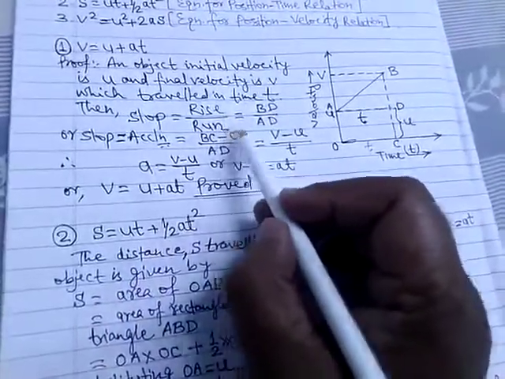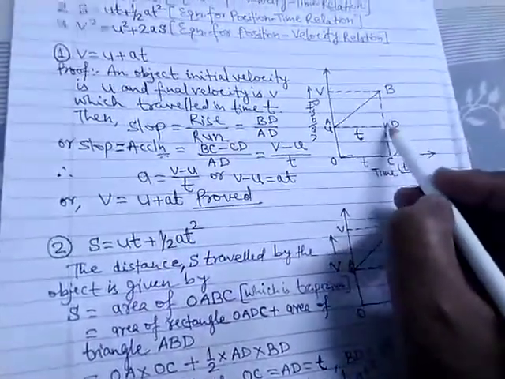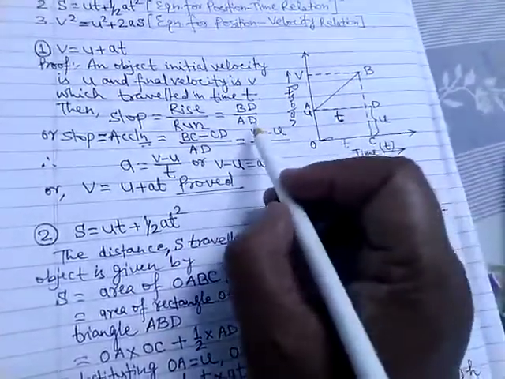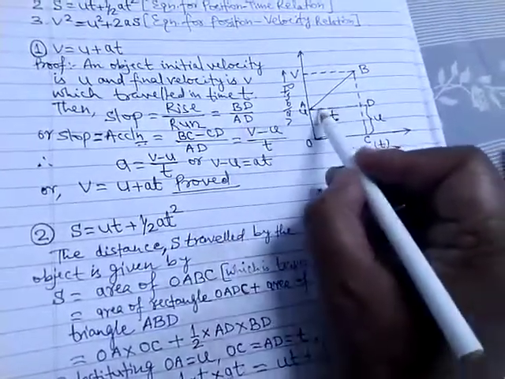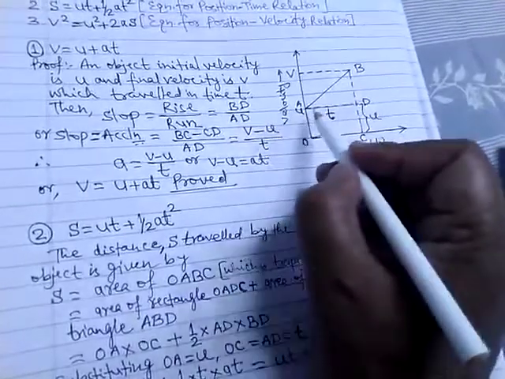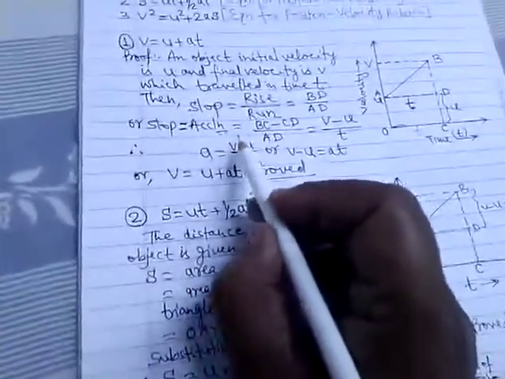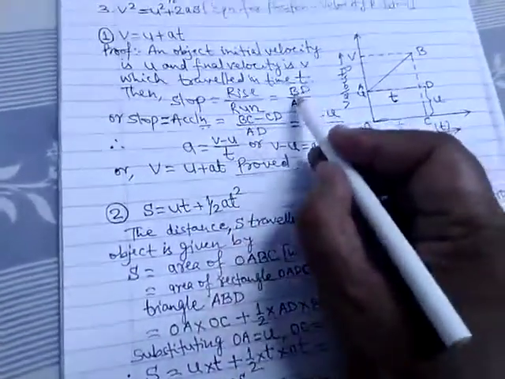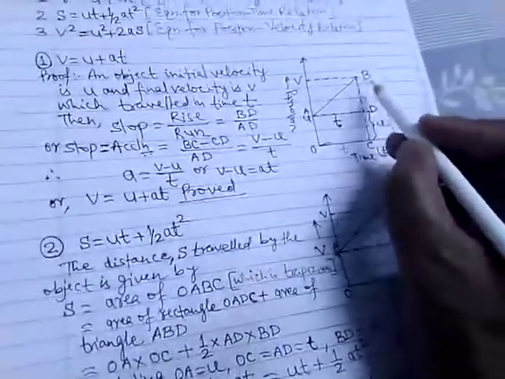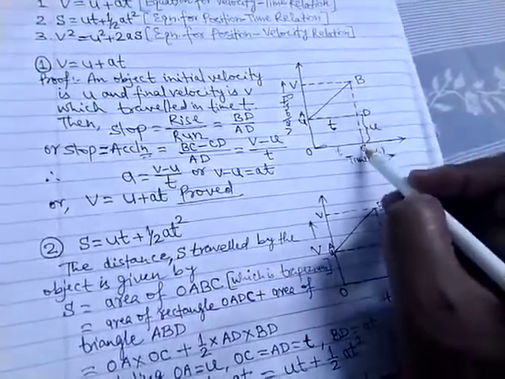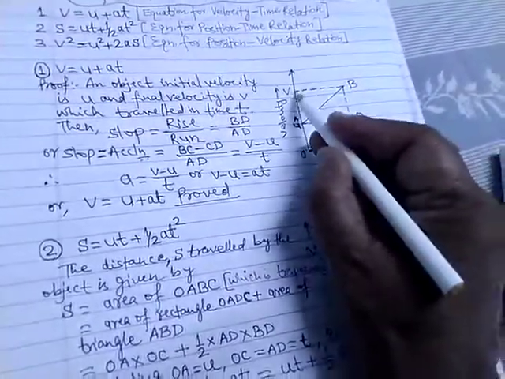So rise by run: here rise is BD, and run is the horizontal line AD. So slope, which is acceleration, is equal to BD. We can write BD as BC minus CD, and BC is v.